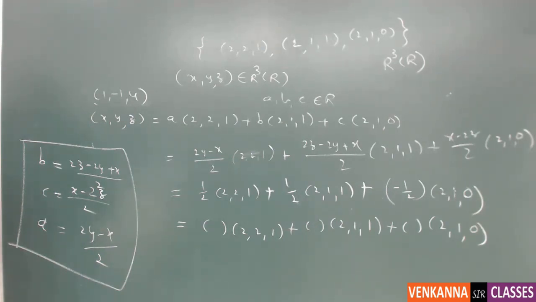If the first condition itself fails, there is no need to check the second condition, because only if it satisfies both conditions will it become a basis. If the set fails to satisfy one condition, it is not at all a basis. So you are checking for two things, linear independence as well as linear spanning. Clear?